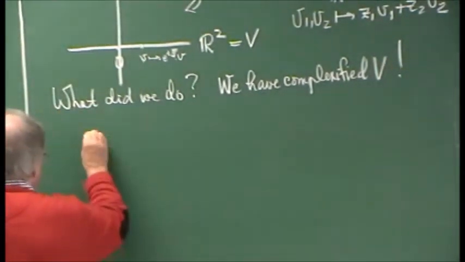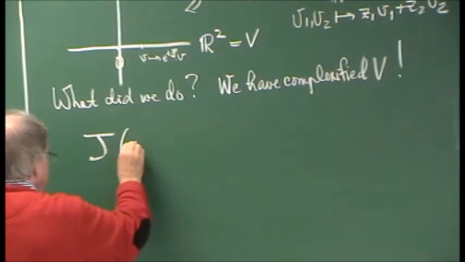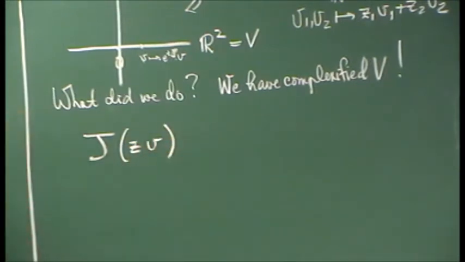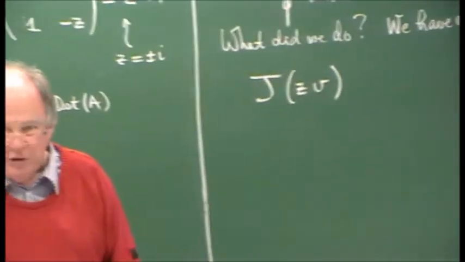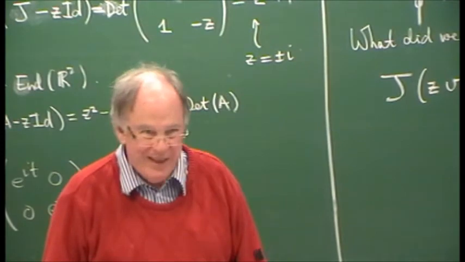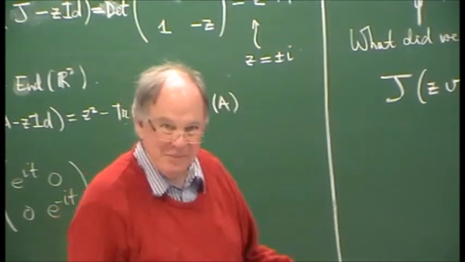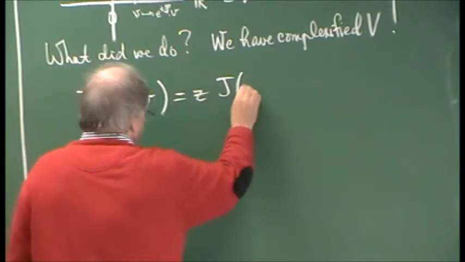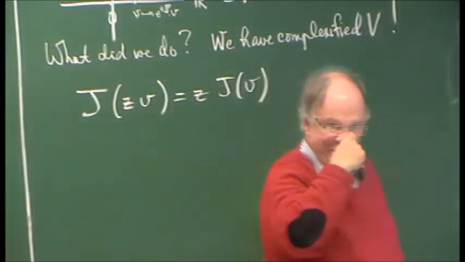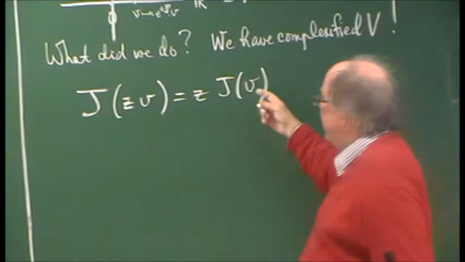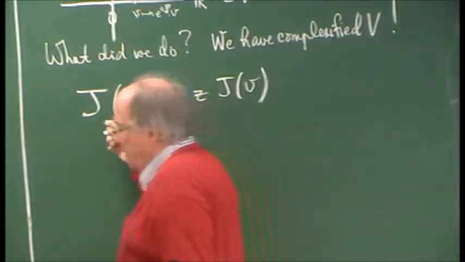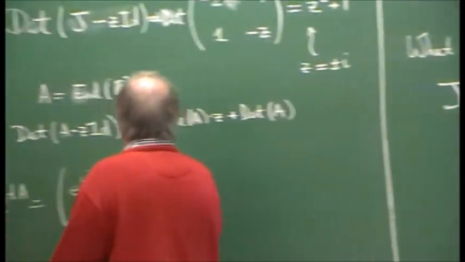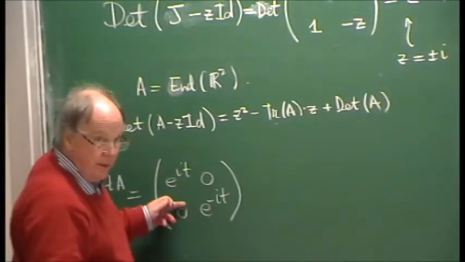So, I have to tell you what J of a complex number times V is. Well, I'm not stupid. If J is linear in the first place, it should be linear in the second place. So what this says is that I have this operator J, which is somehow completely crazy from the point of view of diagonalizability.